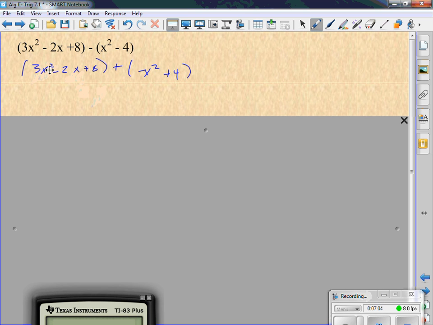My highest exponent is an x squared. 3x squared and a negative x squared: 2x squared. X's, that's the only one right here. X. What's an 8 plus 4? 12. A lot of you probably have 4. Because what you did is you did this one right, but you always forget about the negative.